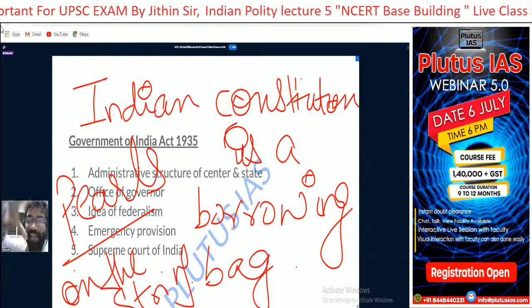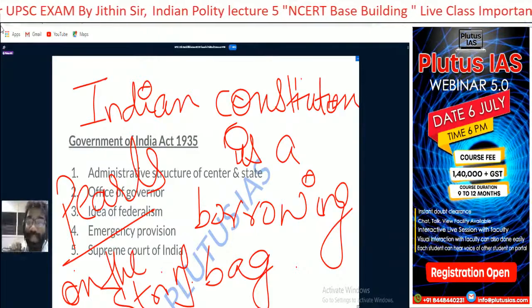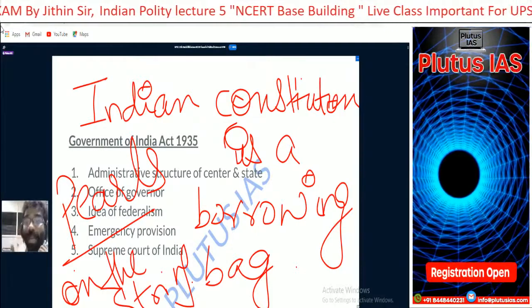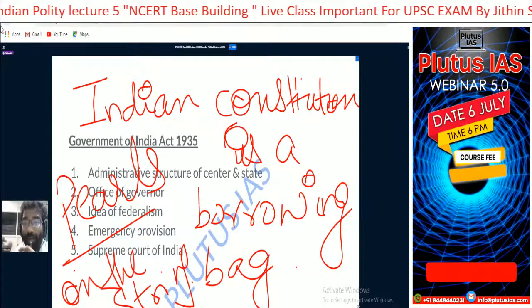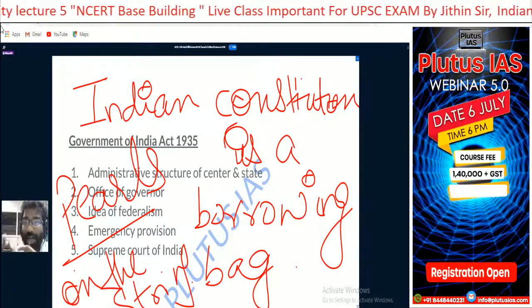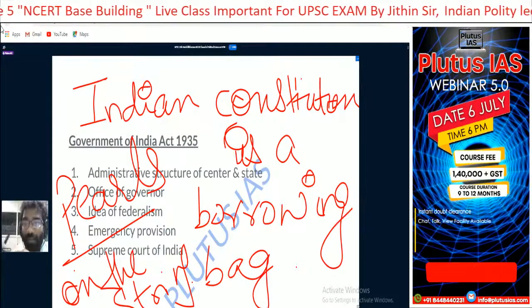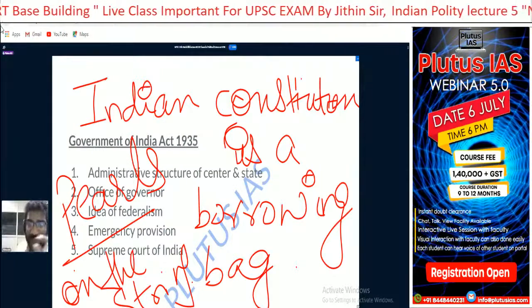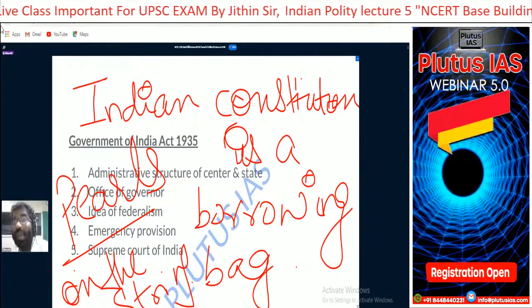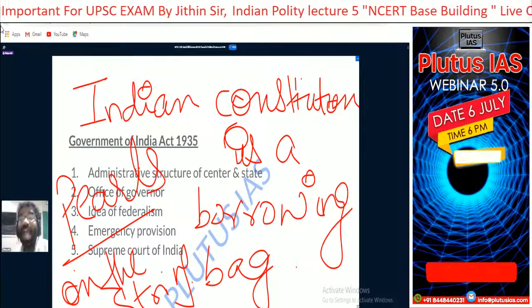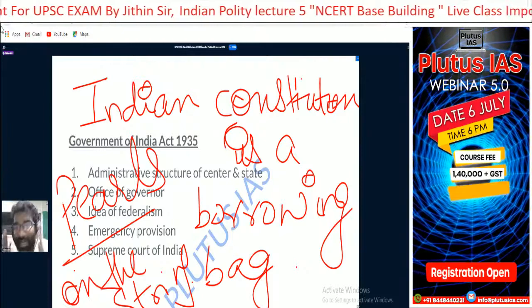Patchwork means they have taken various aspects from different places, but it is not a random patchwork. It is a beautiful patchwork, like we put pearls on the string, right? हम माला पिरोते हैं ना, like we put pearls on the string, like माला बनाना, उस तरीके से we have made this constitution and we have nurtured this constitution as per the requirement of our Indian society.